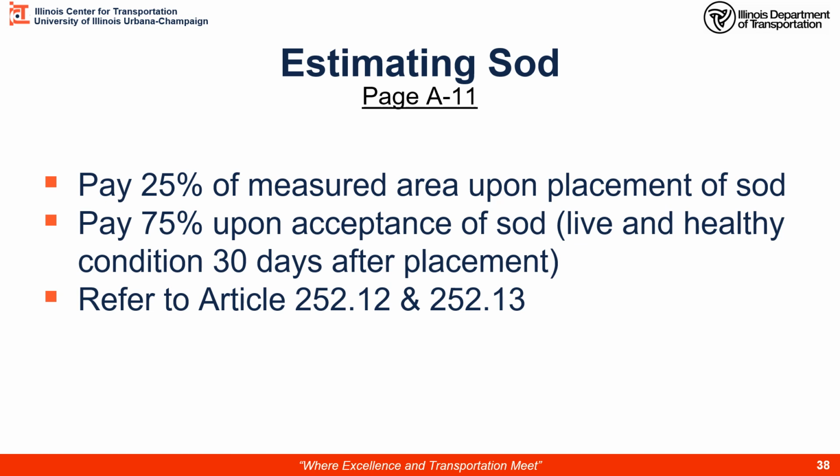Here for sod, we're going to pay 25% of the measured area upon placement of the sod. So we're calculating the final area of this sod placement and we're going to pay 25%. We'll pay the balance, or 75%, on acceptance of the sod. It's live and healthy condition at least 30 days after placement.